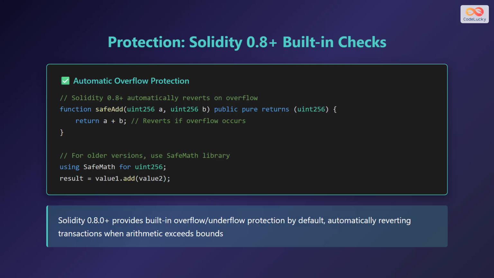If adding A and B would exceed the maximum value for unsigned 256-bit integers, the transaction reverts instead of wrapping around. For contracts using older Solidity versions before 0.8, developers must use the SafeMath library, which provides protected arithmetic functions. The add function from SafeMath ensures safe addition by checking for overflow before performing the operation.